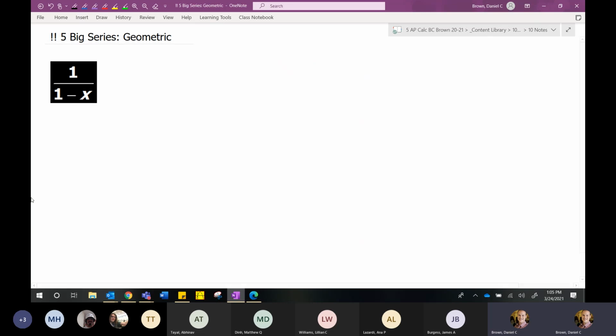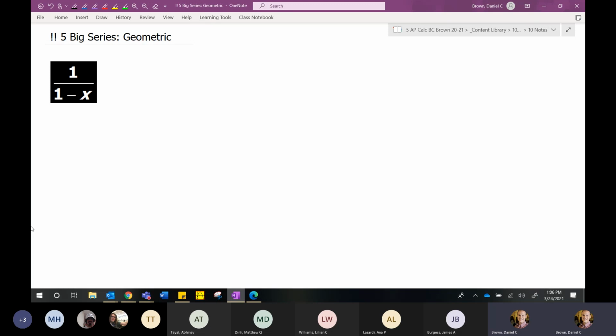The first series you want to know is the geometric one. We can talk about this one without having to do the formal Taylor series table with n, f of n, f to the n, and things like that. Why are we calling this the geometric power series?